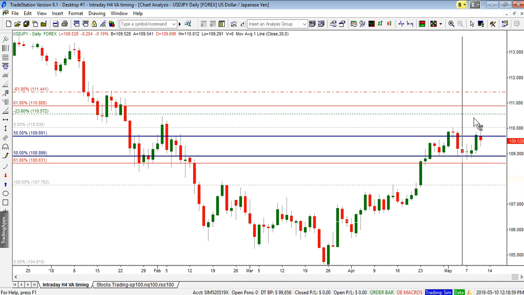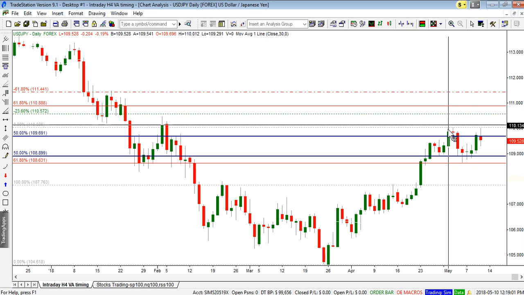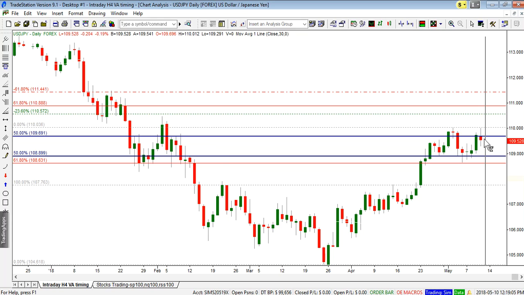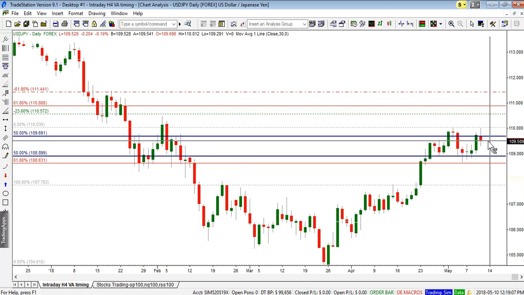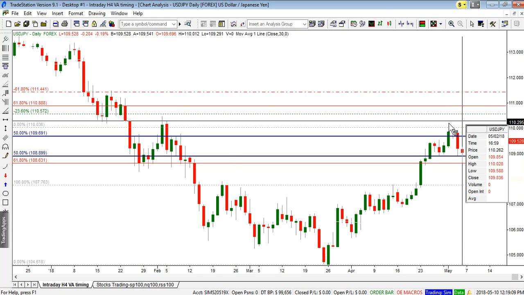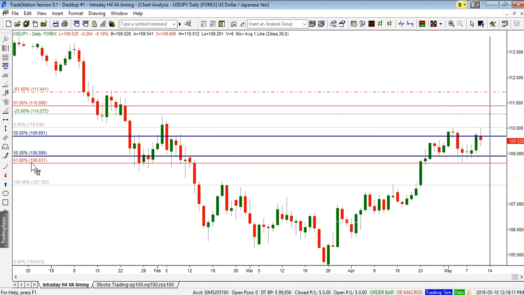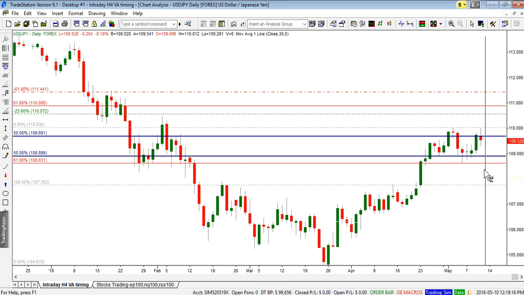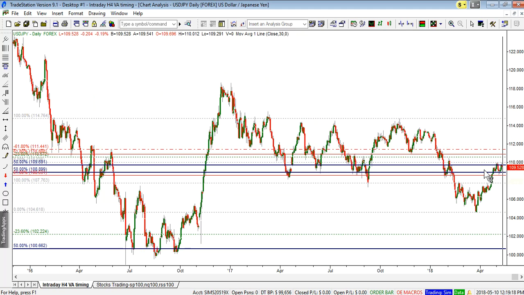Because the bears are on the weekly time frame, which is higher, we anticipate the higher time frame winning here, but that's just from a technical point of view, okay? For sure, if 108.63 is breached on the downside, then the bears will be back in control in this market.